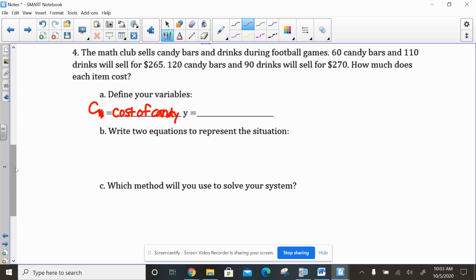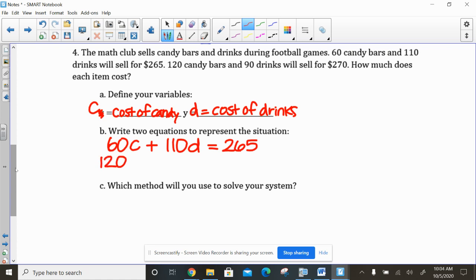And D equals the cost of drinks. That first sentence: 60 candy bars, 60C, plus 110 drinks, 110D, will sell for $265. And then I have another: 120 candy bars plus 90 drinks will sell for $270. How much does each cost?